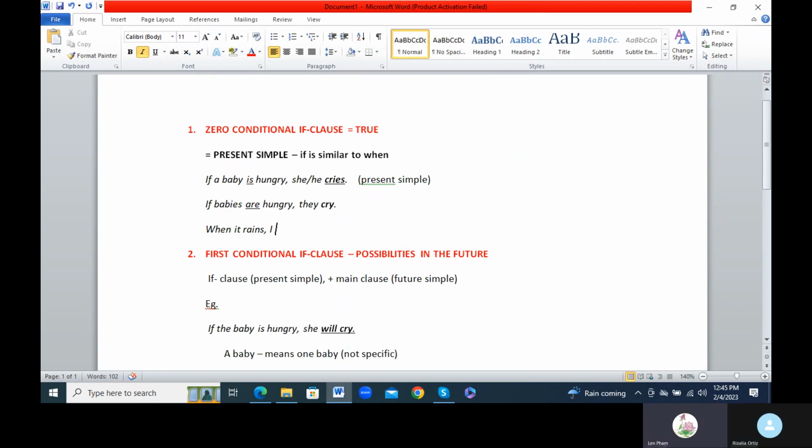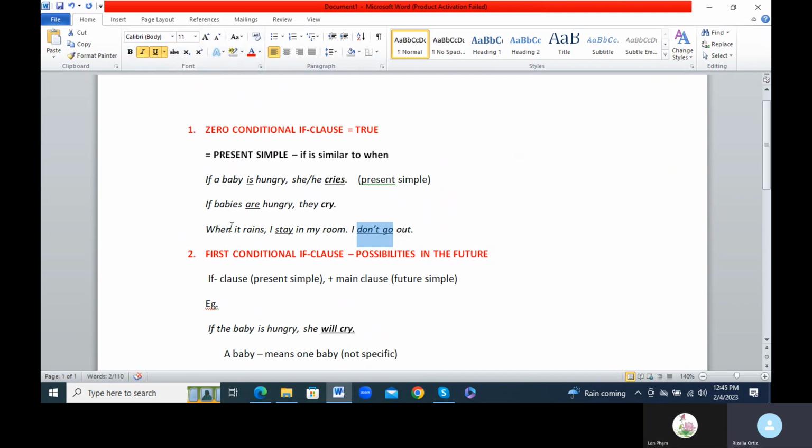When it rains, I stay in my room. I don't go out. So what does this suggest? "I stay in my room, I don't go out" means this is the usual thing I do every time it rains, not only in the future.